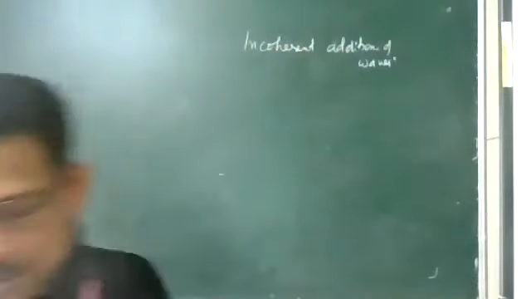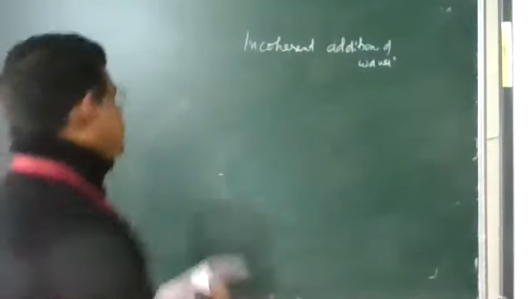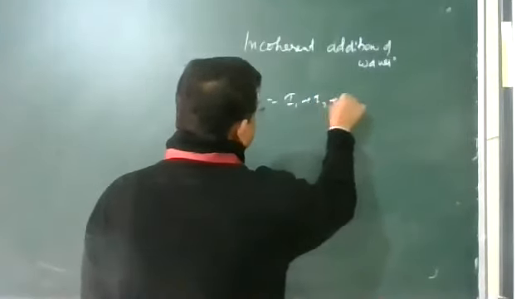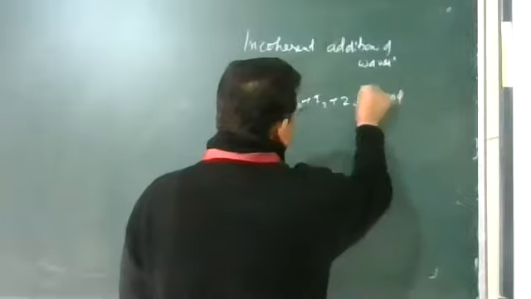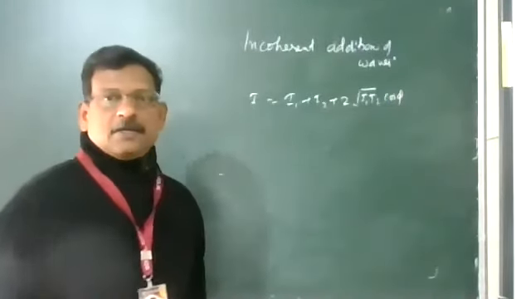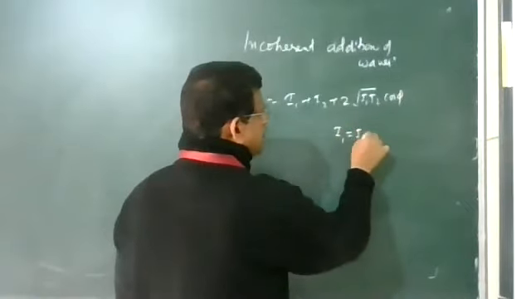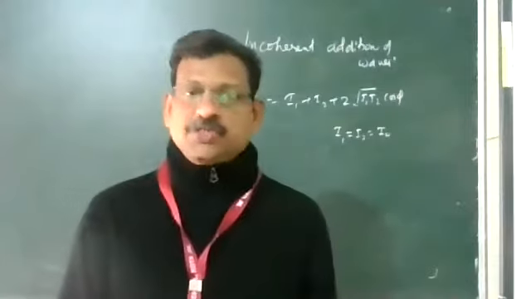Here we are discussing two important points. We write the intensity equation: I equals I1 plus I2 plus 2 root I1 I2 cos phi. Suppose both sources have intensity I1 equal to I2, which is equal to I0. These are the intensities coming from the two sources.